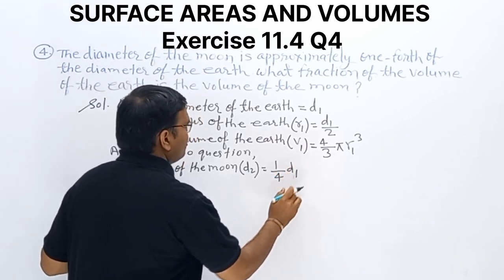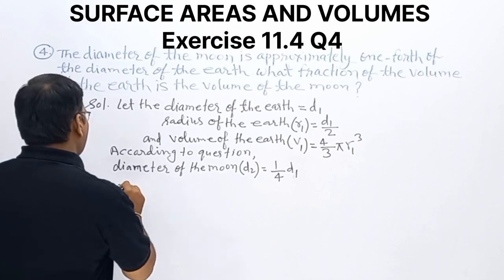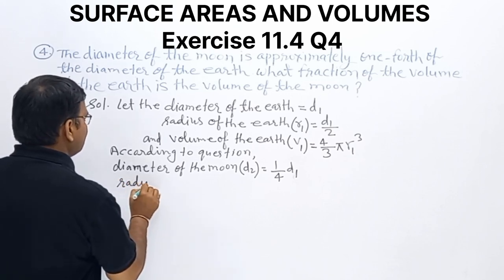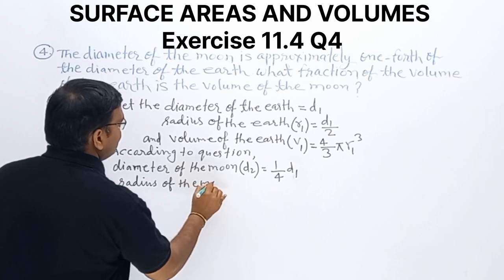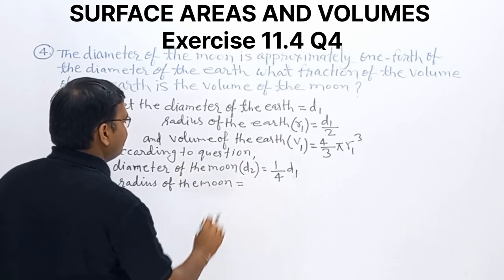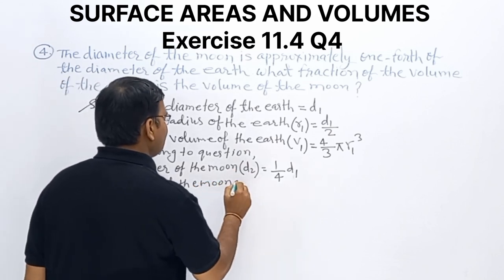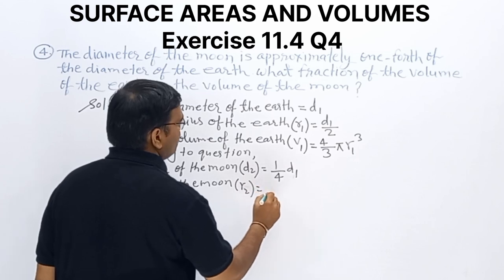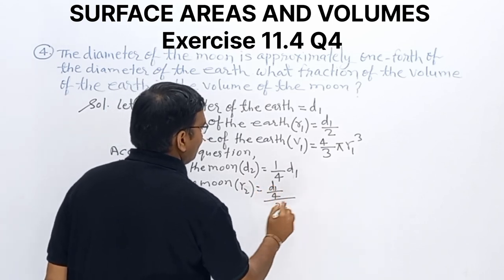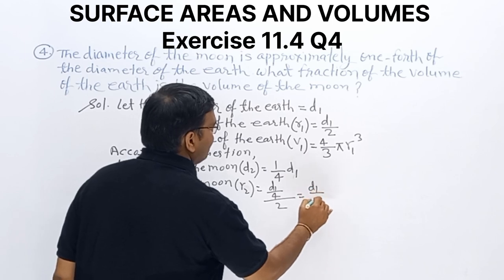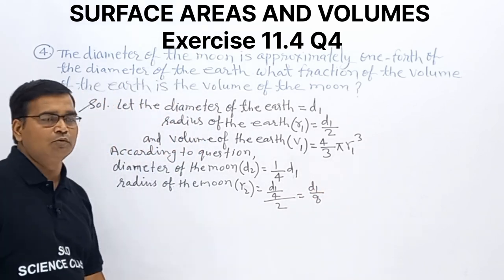Clear? So the radius of the moon will be half of this one, and I am taking this radius as r2 equal to d1 by 4 divided by 2, and this can be written as d1 by 8. This is the radius of the moon.